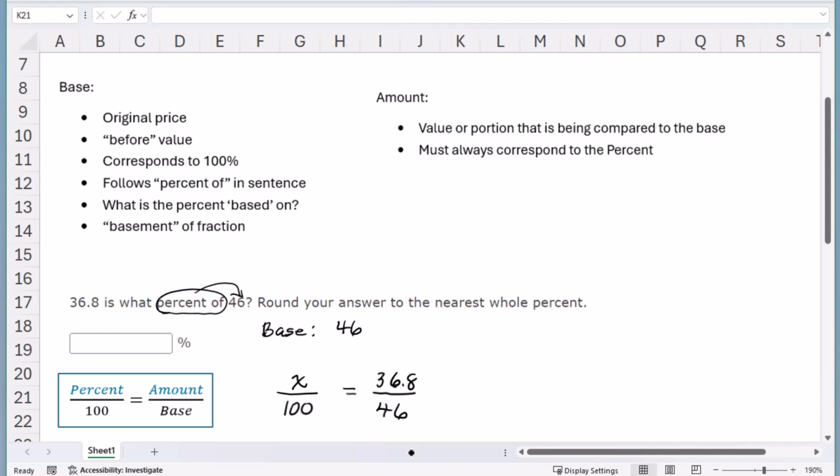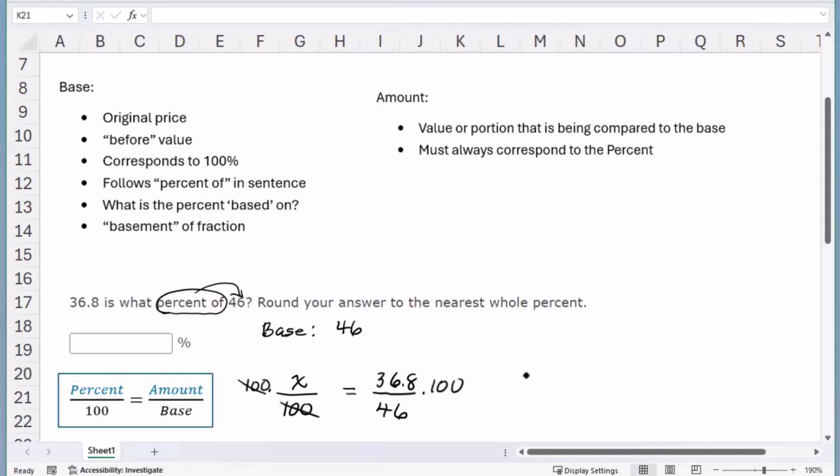Now, the first thing we want to do is just kind of consider that 36.8 compared to 46, it's smaller. So I'm expecting a number less than 100%. Now that we've got the problem set up, I need to solve for X. If I times both sides by 100, that will cancel.